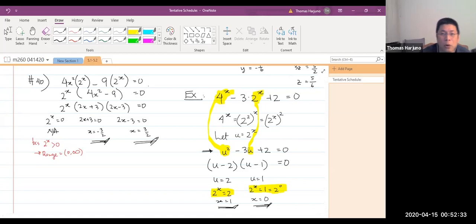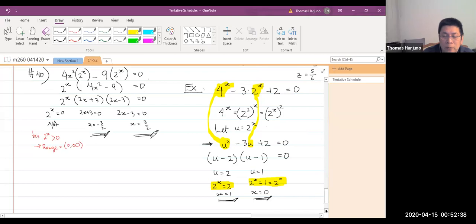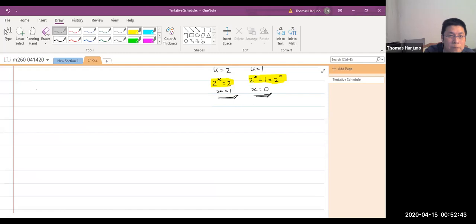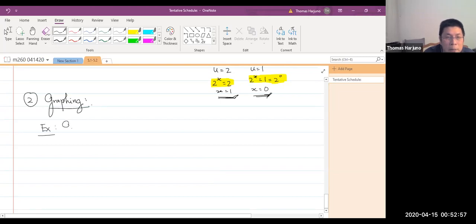Okay, that's for solving simple exponential equations. Let's go to the second part. The second important part here is about graphing. Let's say, for example, I will graph f(x) equals 2 to the x plus 3 minus 4.